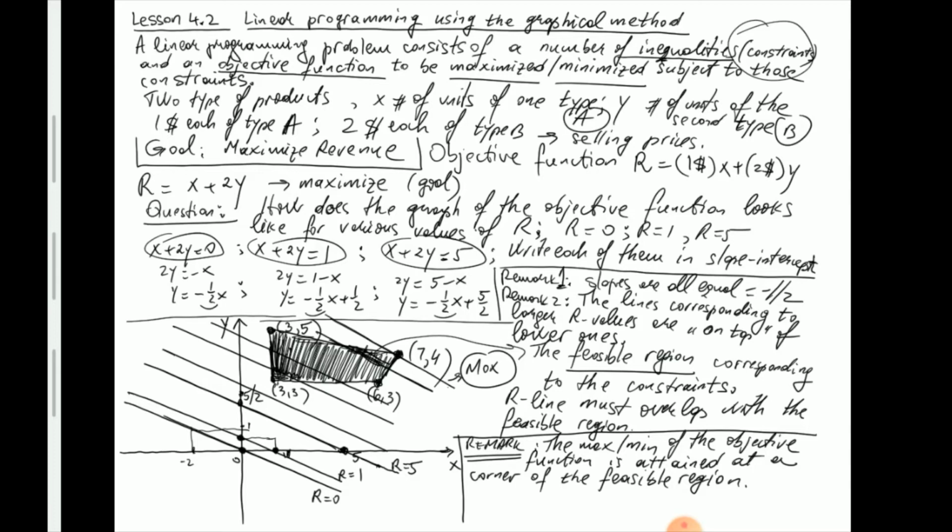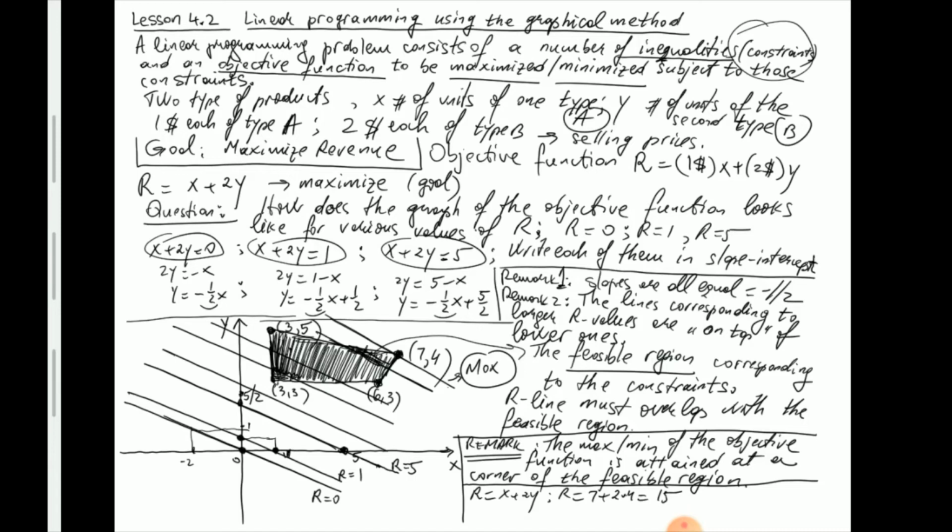Notice that in this case, we could actually check that indeed that corner gives me the maximum. So let's plug in actually the corner into the objective function. So remember the objective function was x plus 2y. So in the corner 7, 4, that was 7 plus 2 times 4, that's 15.